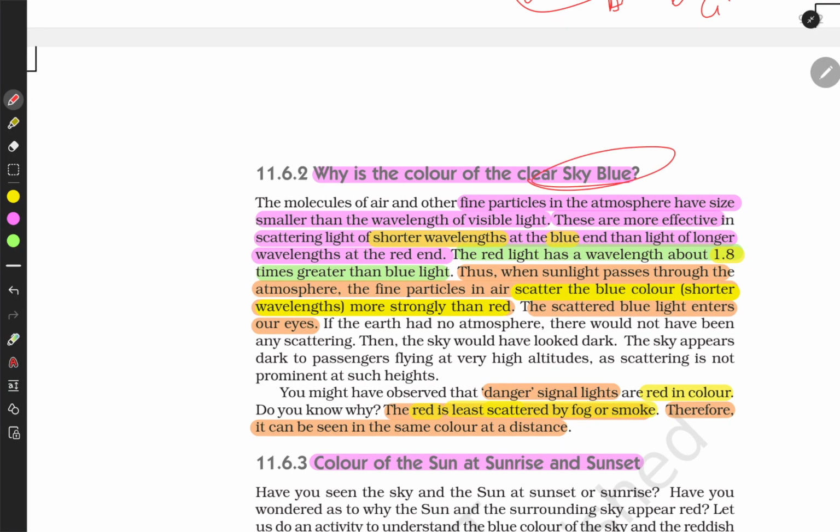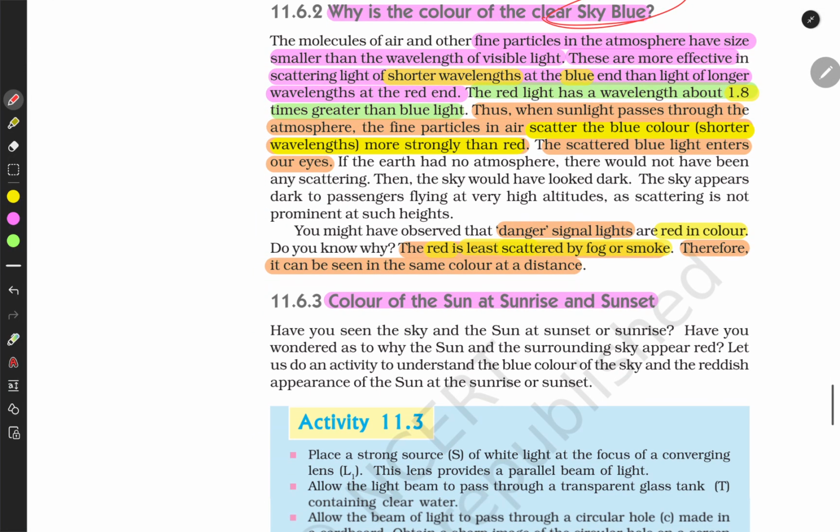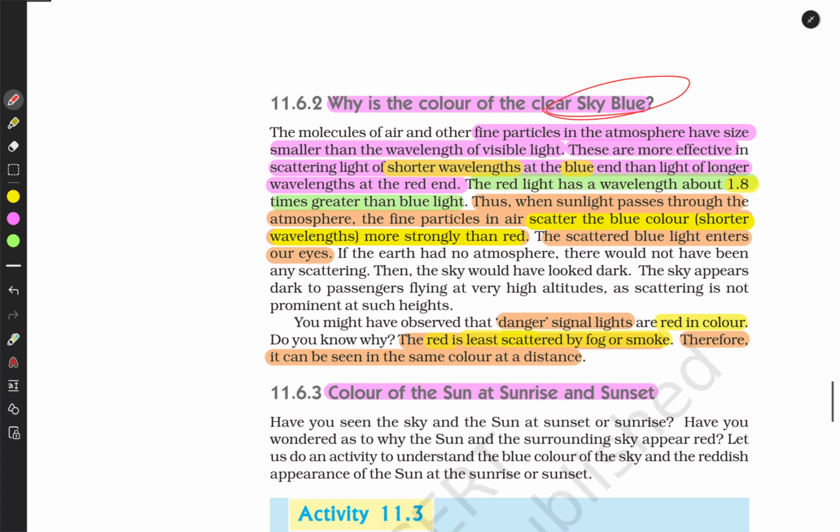Why the sky is blue, that we have already discussed. Let's quickly revise it. Fine particles of the atmosphere have a size smaller than the wavelength of the visible light, and these are more effective in the scattering of light of the shorter wavelength at the blue end than light of a larger wavelength at the red end.